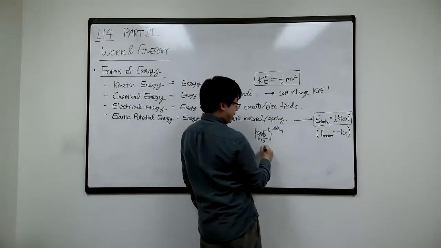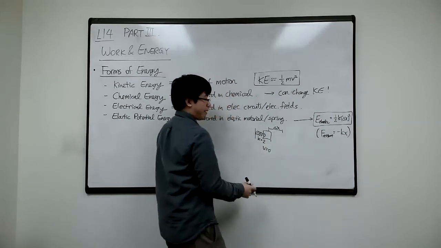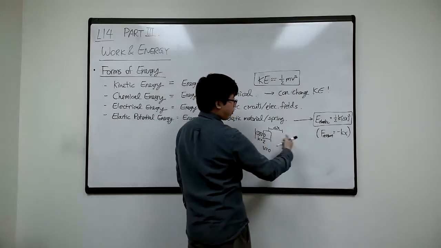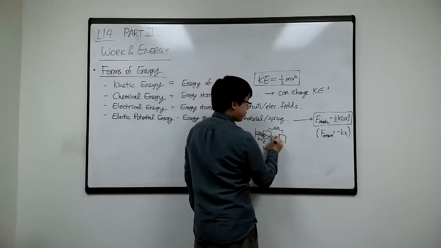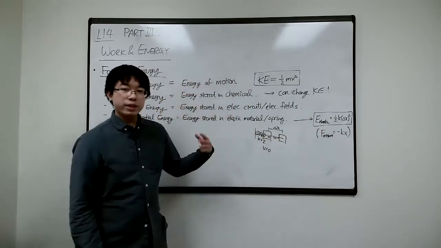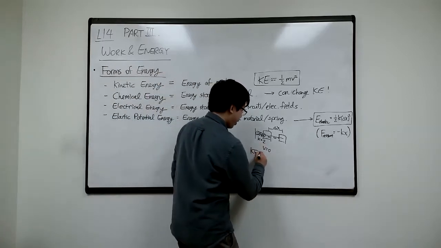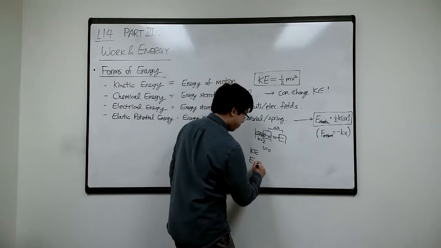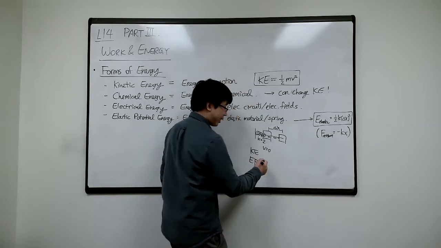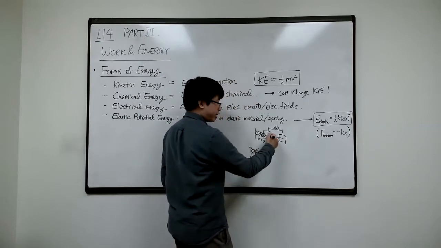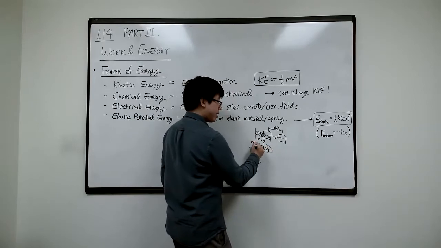Let's say initially V equals 0. Now when it expands back to here, what will the energy be? Initially you have elastic potential energy and kinetic energy, but you have no kinetic energy because you start off at rest.